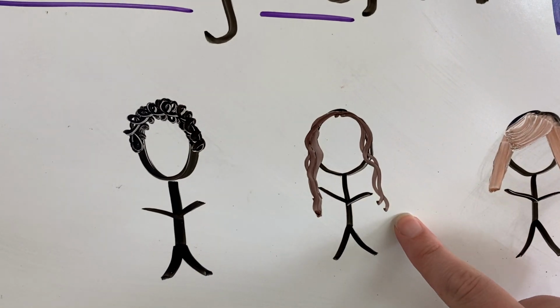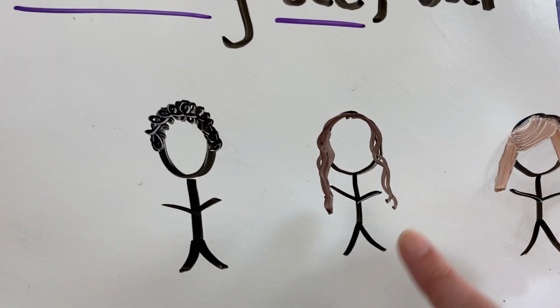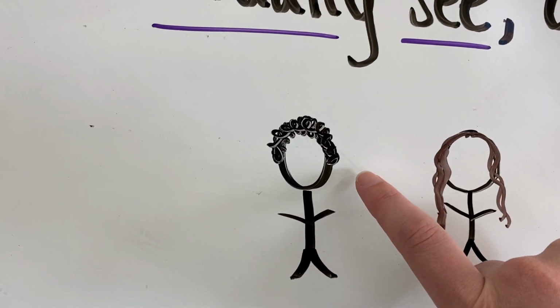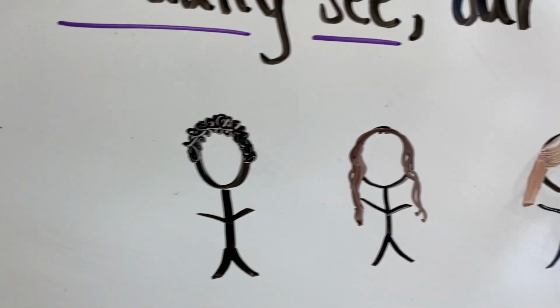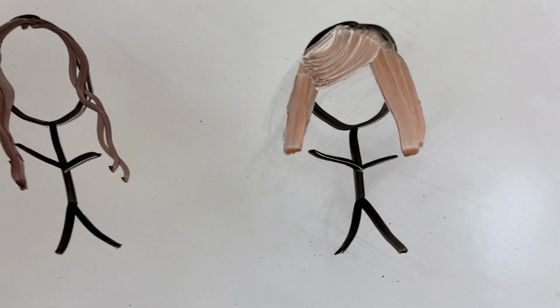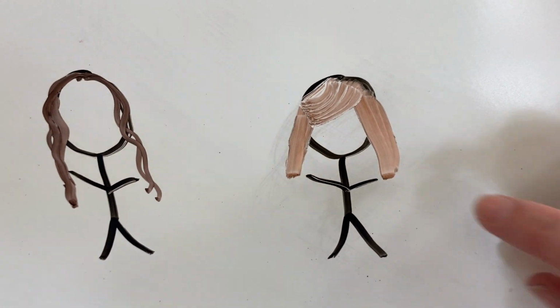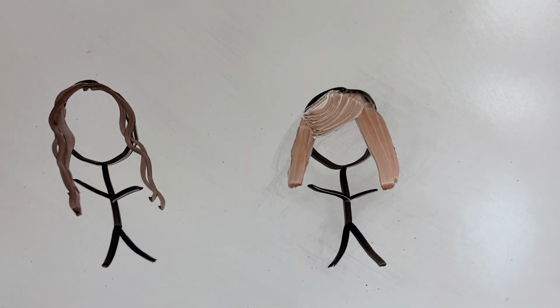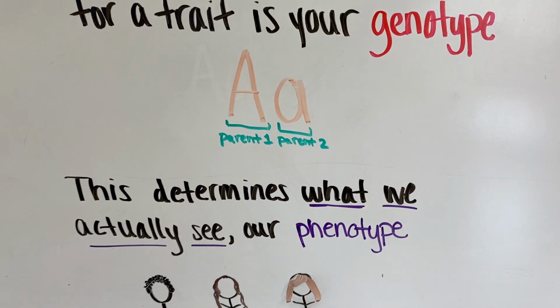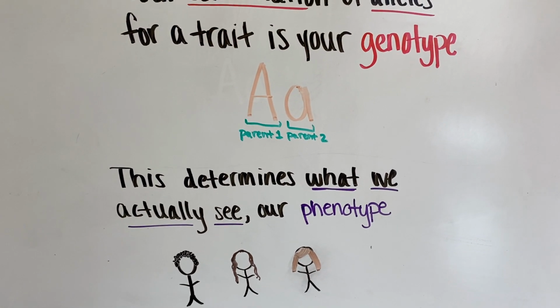So her phenotype is curly brown hair. His phenotype is super curly, black hair. This person over here has a phenotype of straight orange or red hair. Okay, so your genotype directly determines your phenotype.